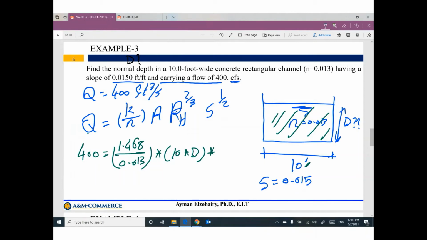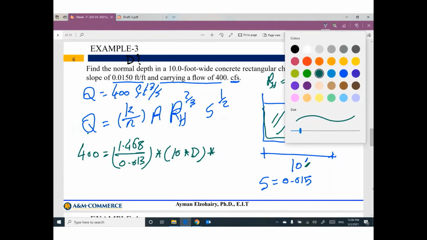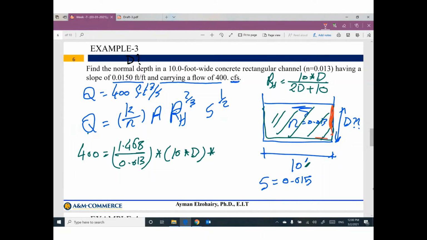What is the value of hydraulic radius? The hydraulic radius equals area, which is 10 times D, divided by wetted perimeter, which is 2D plus 10. Do you agree? Depth plus 10 plus depth equals 2D plus 10.